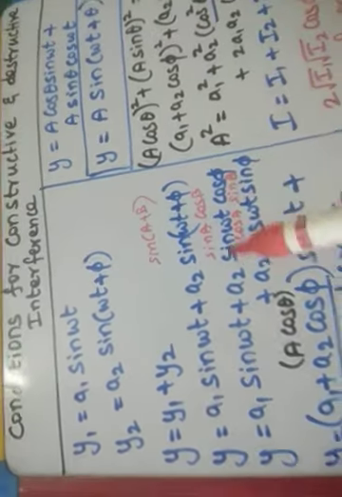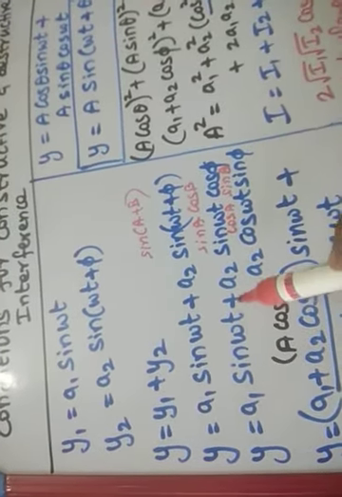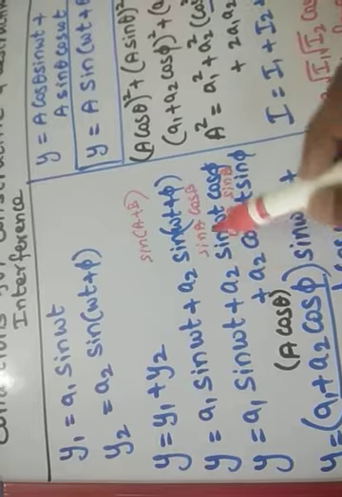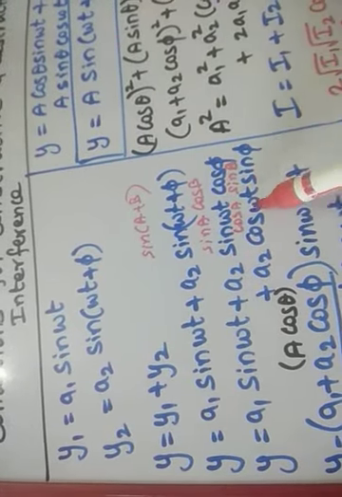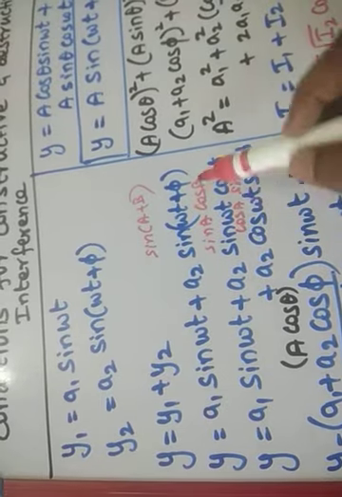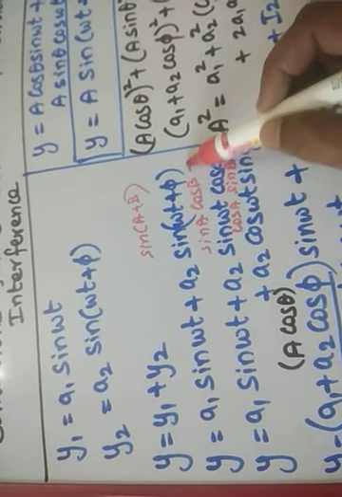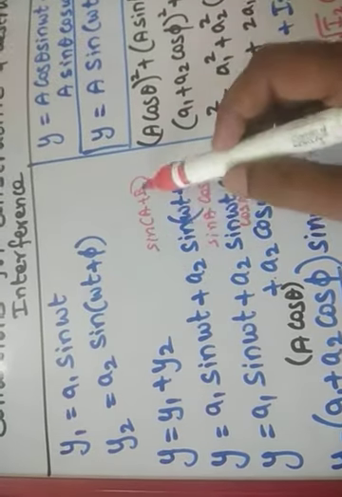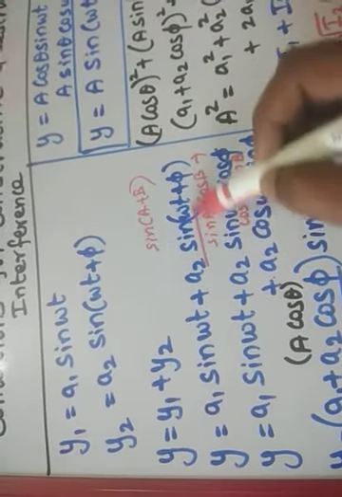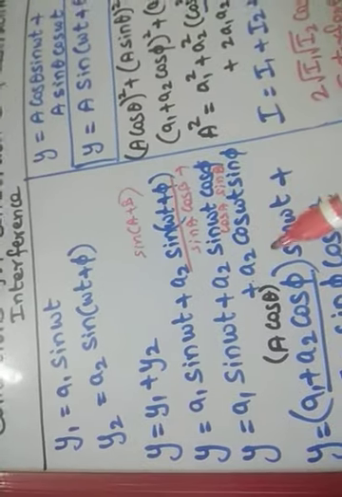The similar thing will be substituted in this formula. a1 sin omega t, and a2 is a common one, so sin omega t cos pi, then cos omega t sin pi, following sin a cos b plus cos a sin b. So by expanding this, we get these two terms.